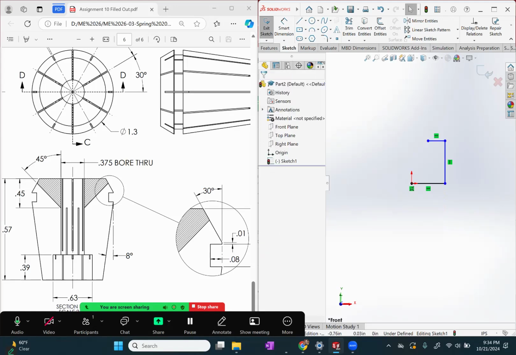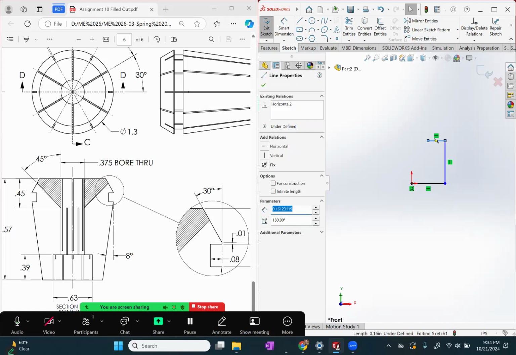To find this piece of this line, I'll take half of this diameter and subtract half of this bore, or half of this diameter, leaving me this line. So I'll type it in here for a visual, 0.63 over 2 minus 0.375 over 2. And that's the distance there, 0.1275.